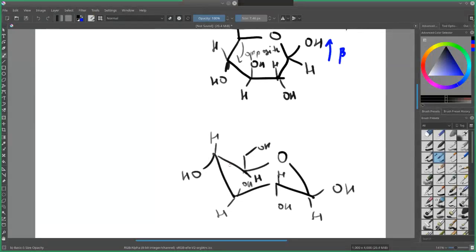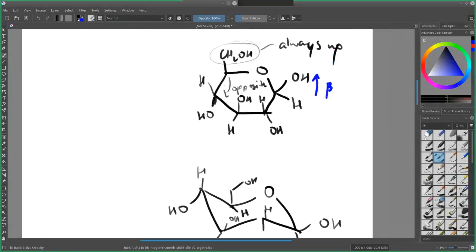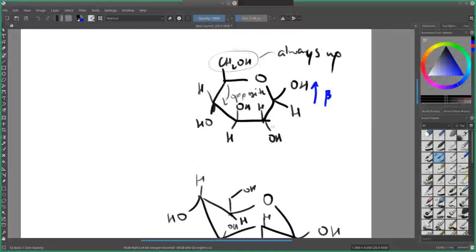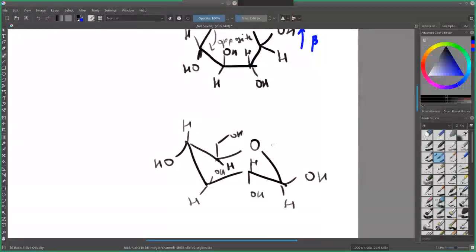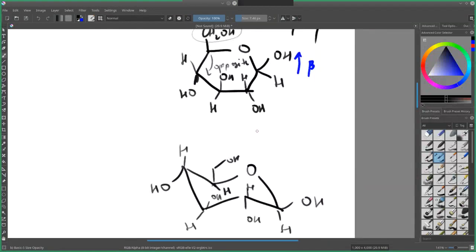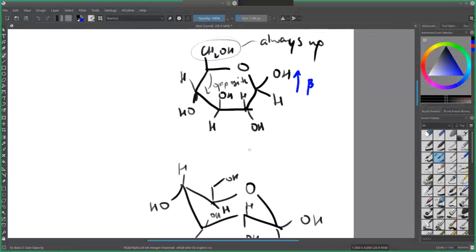Usually sugars are just going to be drawn in this projection, because the chair conformation will usually get a bit messier if you have all of these things going on. But either one is perfectly fine.